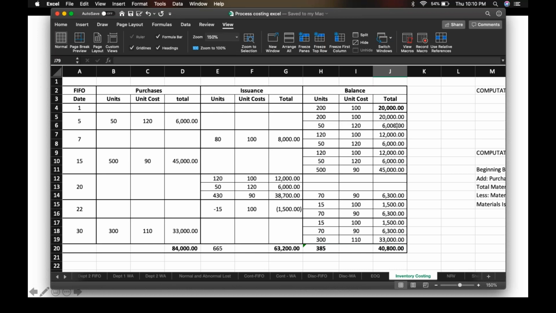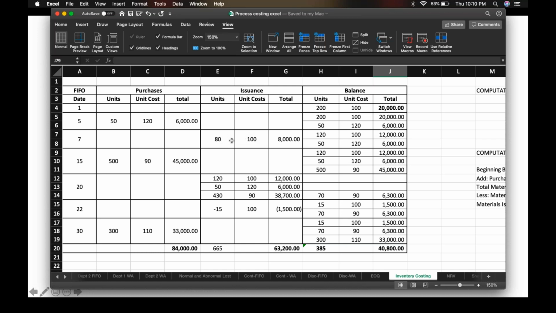But all in all, we have a 26,000 worth of materials and inventory in our stock cards. And then on January 7, we issued 80 units to our production. Since we are using first in, first out, the first materials that were transferred in should be the first to be sent out.